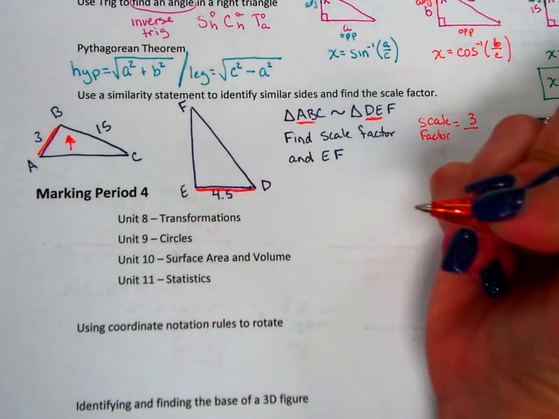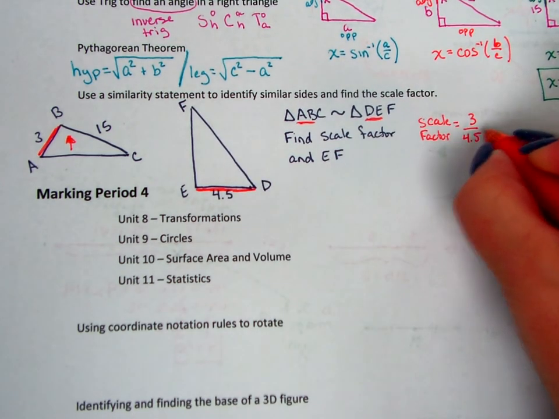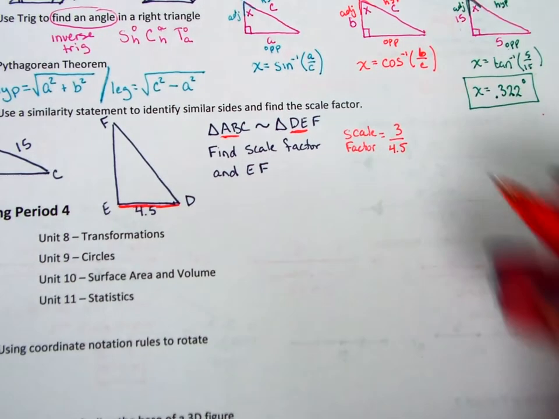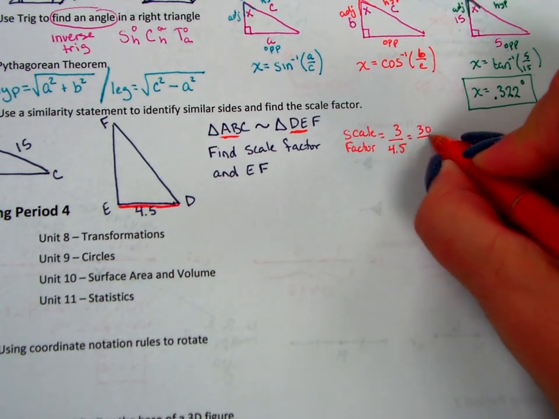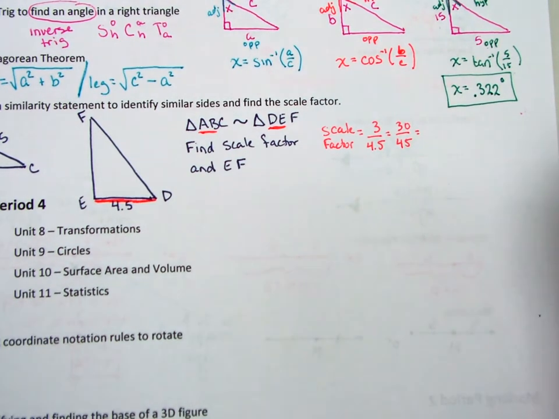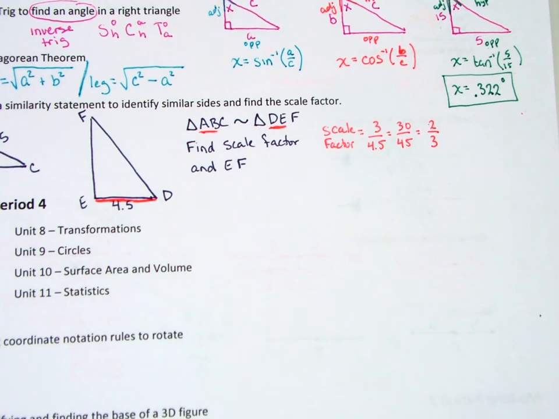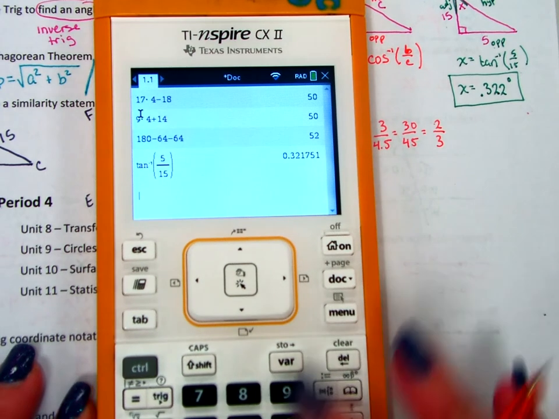So my scale factor is going to equal, from ABC, I'm going to put that in my numerator, 3 over, from DEF, 4.5. Now your scale factor generally does not have decimals in it, so there's two ways you can go about reducing this. You could say, well, to move that decimal over 1, I multiply everything by 10. And then I would reduce that. 15 goes into the top 2 times, and 15 goes into the bottom 3 times.